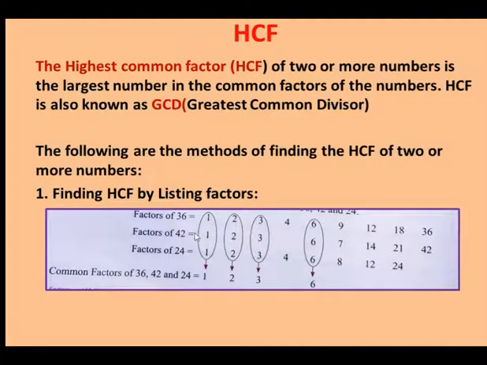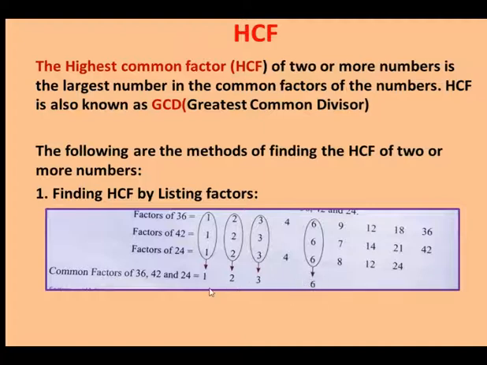Now, among these factors of 36, 42 and 24, we need to find the common factors. 1 is common among the three of them, 2 is also common, 3 is also common and 6 is also common. So 1, 2, 3 and 6 are the common factors. Among these four common factors, which one is the highest? That is 6.